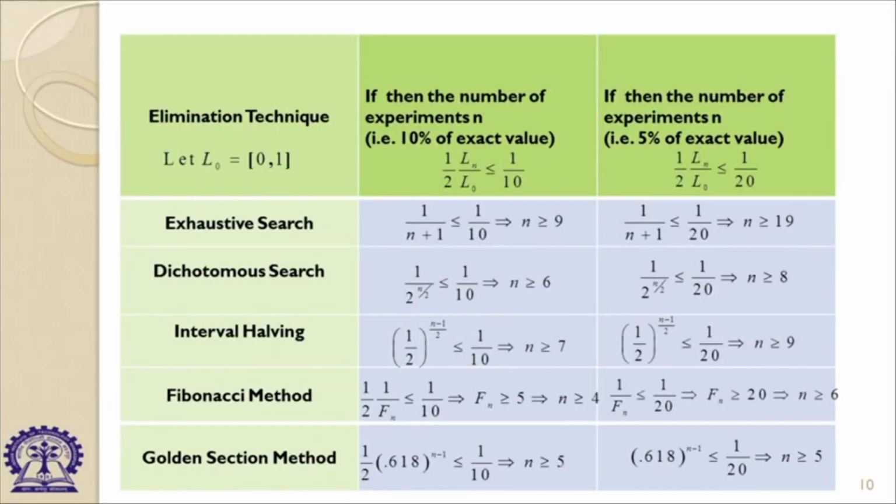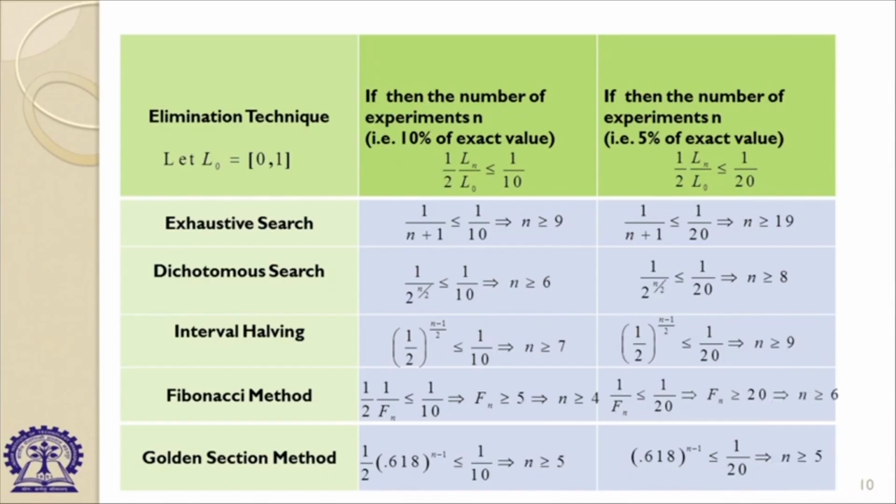Let us do another analysis where we consider 10% accuracy with L naught as the initial interval of uncertainty. How many experiments do we need to do? If we consider 5% accuracy, what is the number of experiments? Let us see.